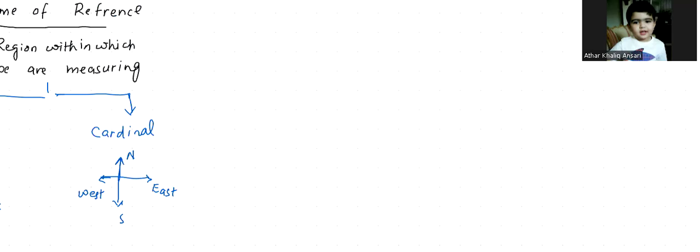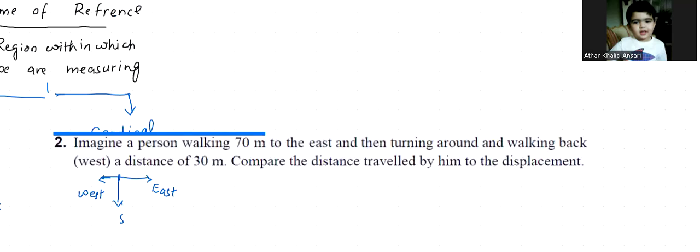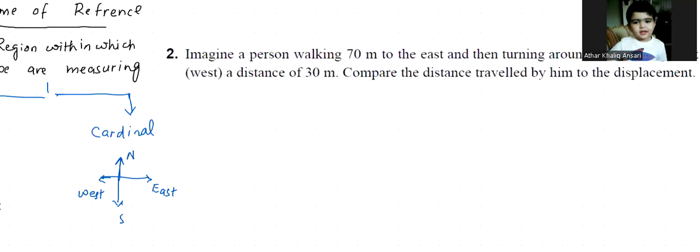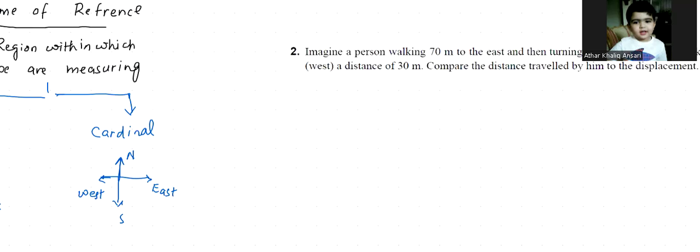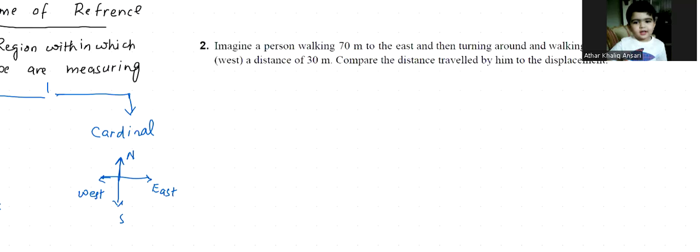When the person is walking 70 meter to the east, what is happening to the motion? For example, this is the person that is walking to the east 70 meter and then walks back to the west 30 meter.